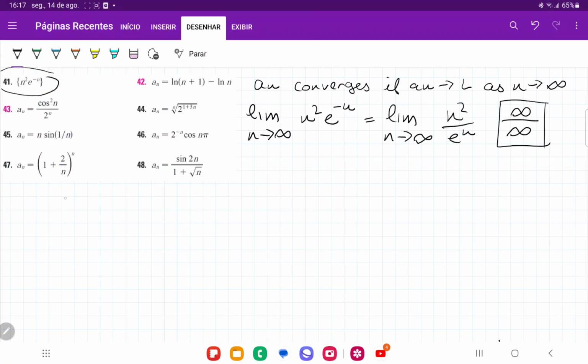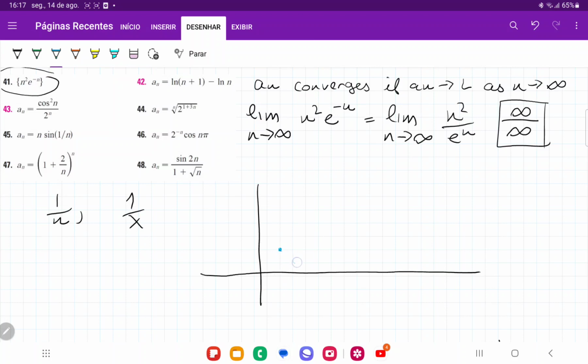So if we take a function, for example, the sequence 1 over n and the function 1 over x, what's the difference? Well, if I have my x-axis here, my function is going to go 1 over x, and my function is going to be continuous, whereas my sequence is just going to be defined at the natural numbers, right?